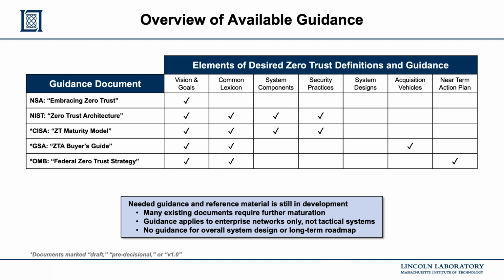Another shortcoming that we notice is that there is not really talk of long-term maintenance and long-term development from a roadmap perspective. There are some short-term action plans, one produced by the Office of Management and Budget, for instance. But really there's a lack of guidance on how to think about long-term evolution of zero trust systems once they're put in place.